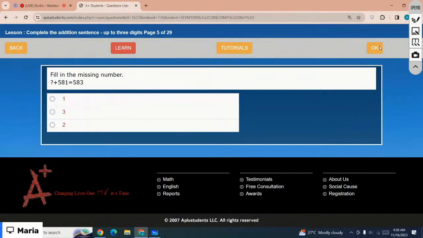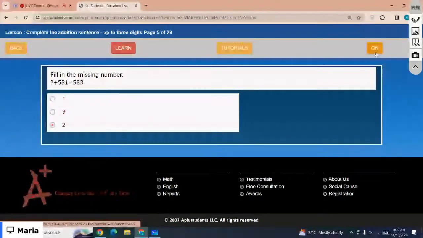So which number is missing? Very good. That is 2. 581 plus 2 equals 583, right?